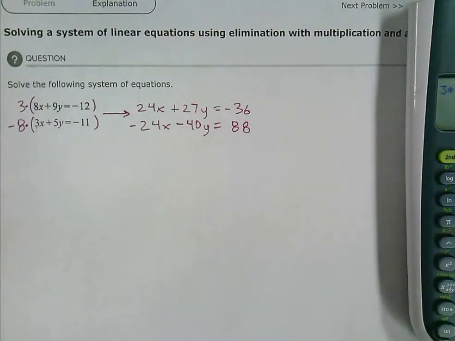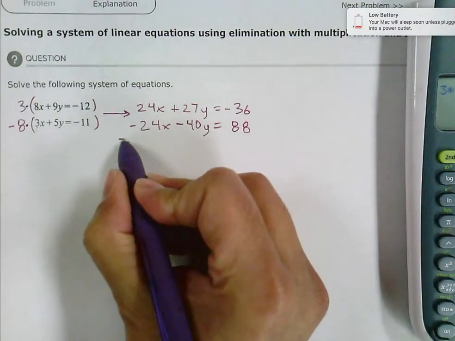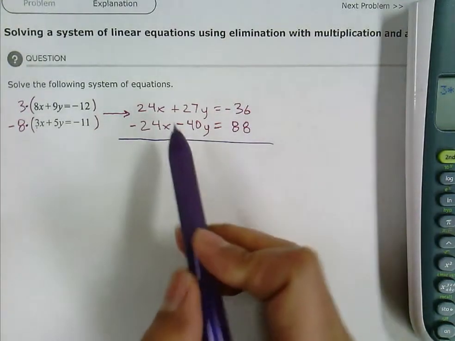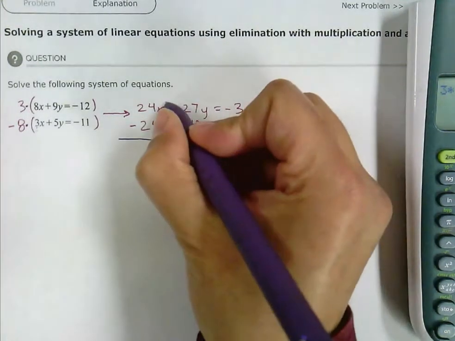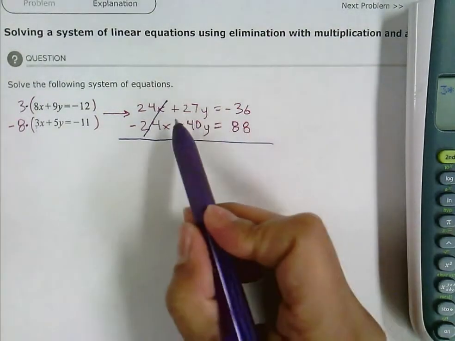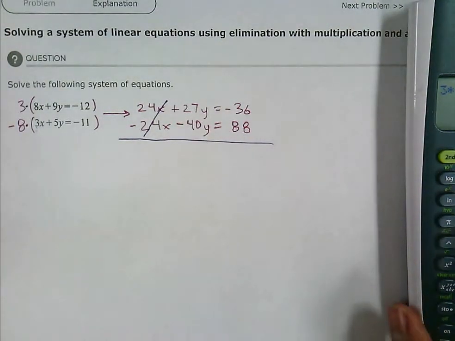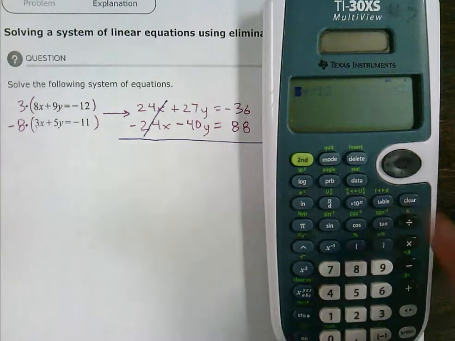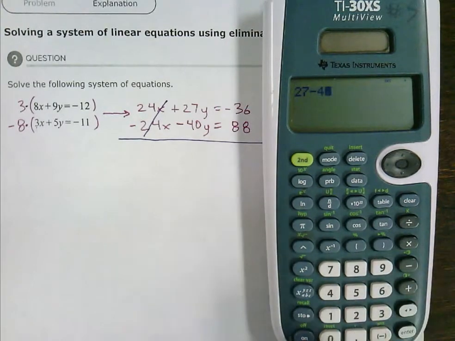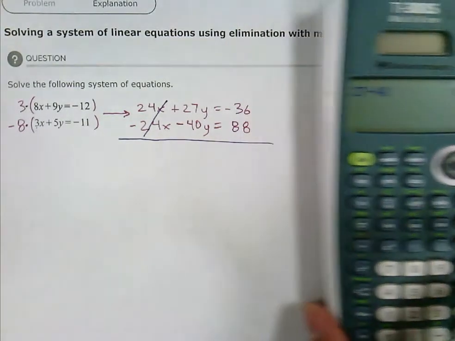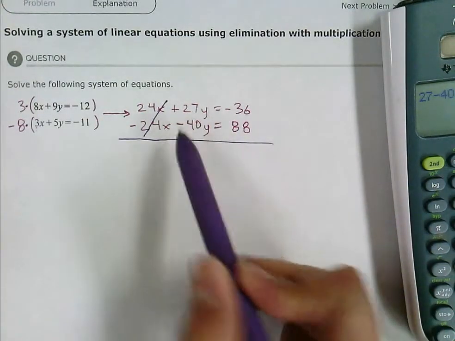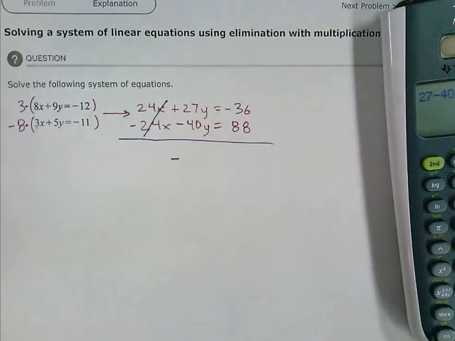Now we are ready to combine our two equations. Let's show our addition bar. 24x minus 24x, that becomes 0x, as we planned for that. 27 minus 40, again, if you don't recall the rules, you can just go ahead and type this in. 27 minus 40, that is negative 13. But remember, the easiest way to think of that is because you have more negatives, you know you will have a negative answer.